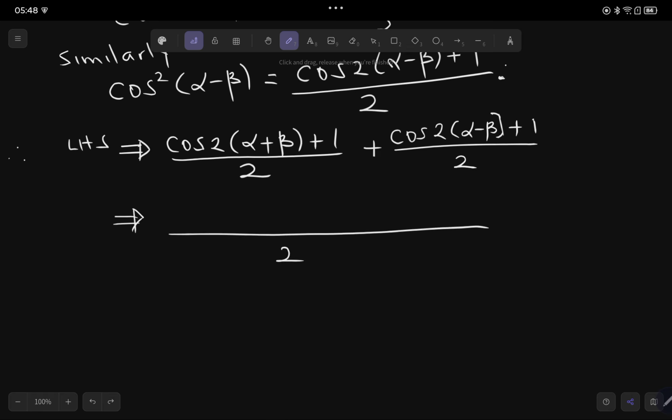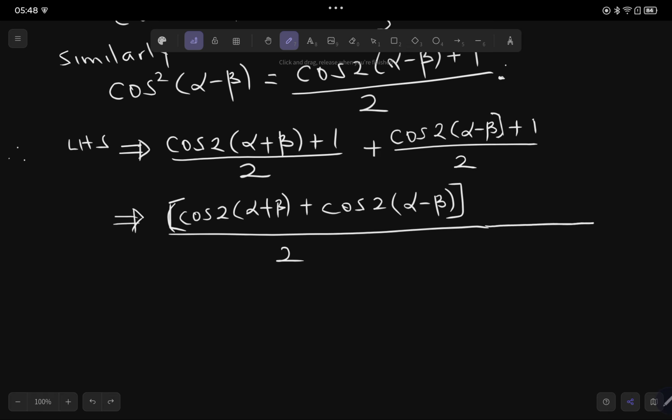We are adding the numerators. So we shall have cos 2(alpha plus beta) plus cos 2(alpha minus beta). We have been able to add the trigonometric ratios together. Then 1 plus 1 is 2.